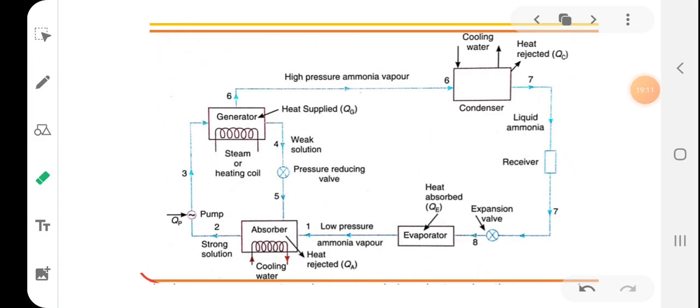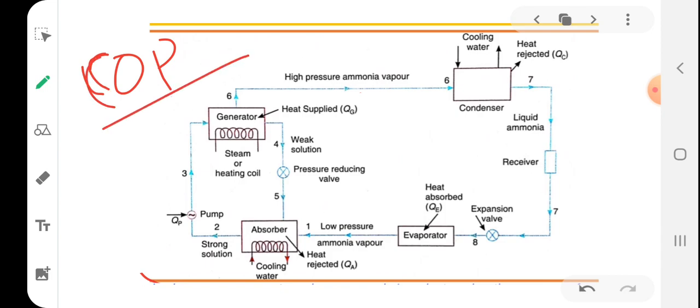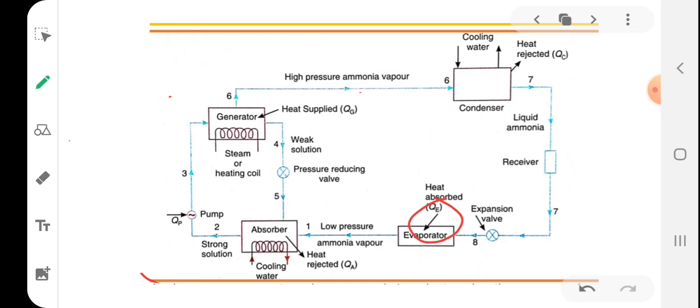So students, now we have to obtain an expression for the COP, coefficient of performance, of the vapor absorption system. In order to find the COP, we have to identify the various inputs and outputs of this system. You can see there is a heat input in the evaporator, QE.